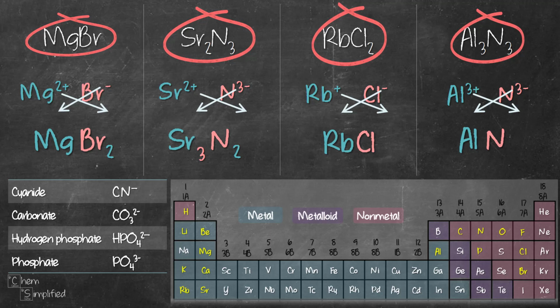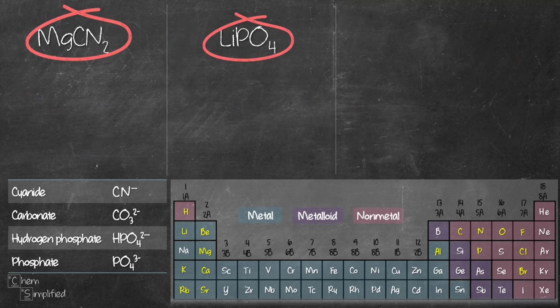Now, we spotted 4 errors, so the other 2 errors involve polyatomic ions. We do the same as we did for the binary ionic compounds. We start with magnesium cyanide, the formula on the left hand side. The ions are going to be Mg2+, and if we refer to the polyatomic ion table, cyanide's formula is CN-. So we cross over the charges, we don't write out 1.